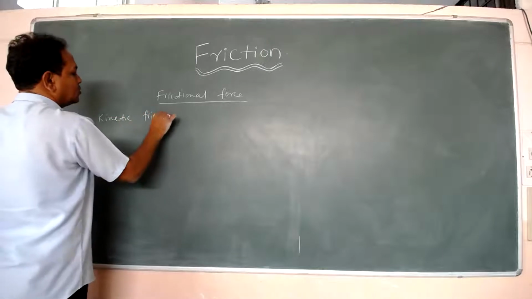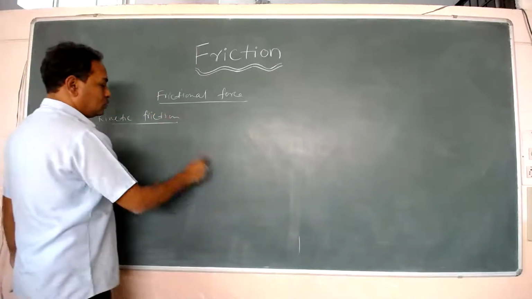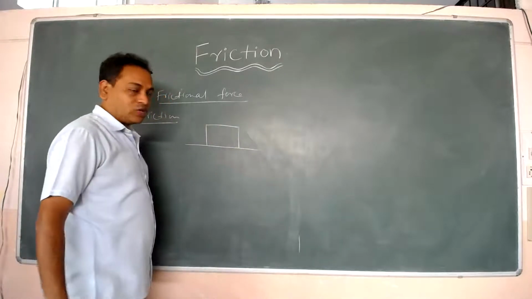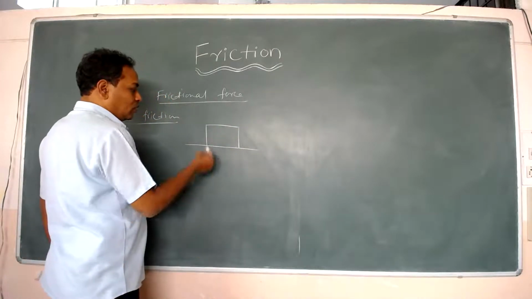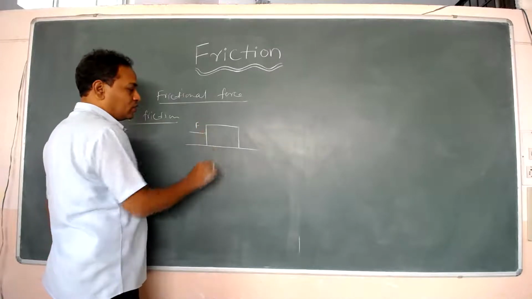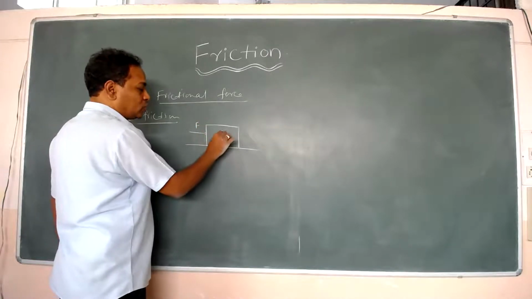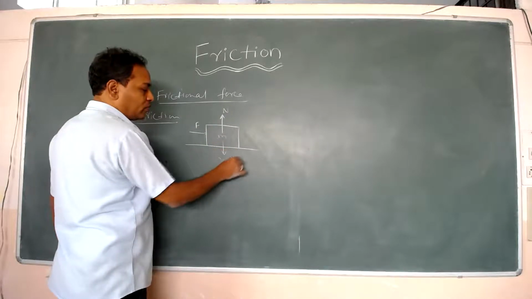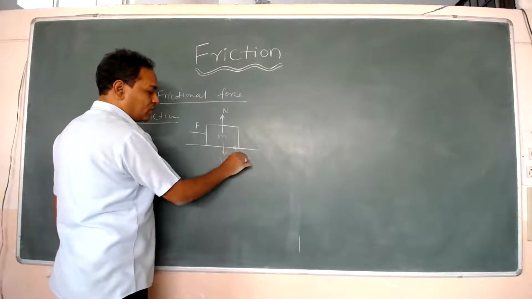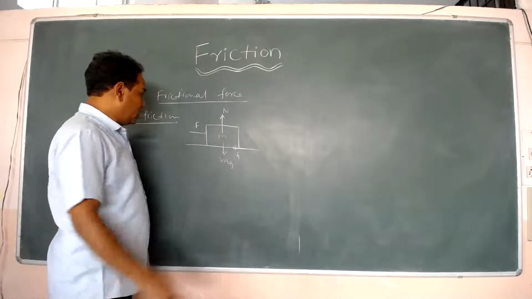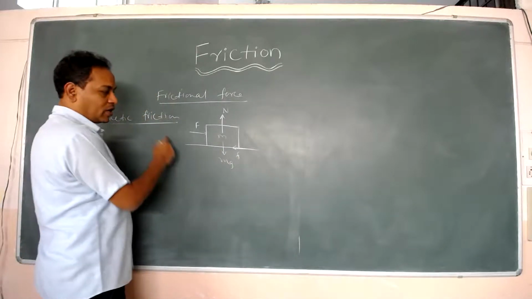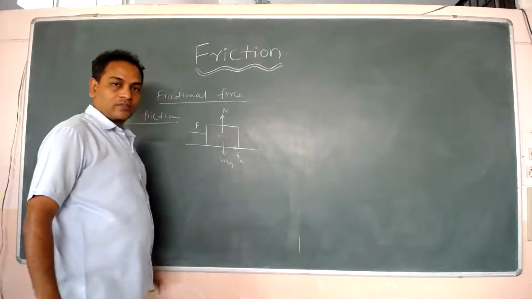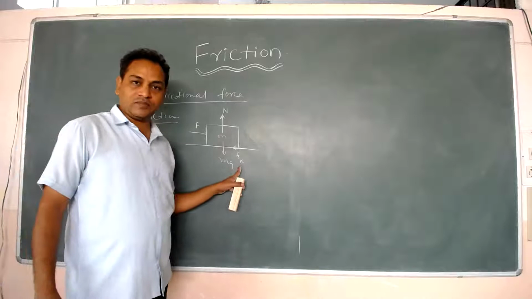As I told you just now, if you apply a force on a mass m, its normal reaction acts in this direction, its weight acts downward, and in the opposite direction a frictional force acts. In this case it is kinetic friction, which I will write as Fk.